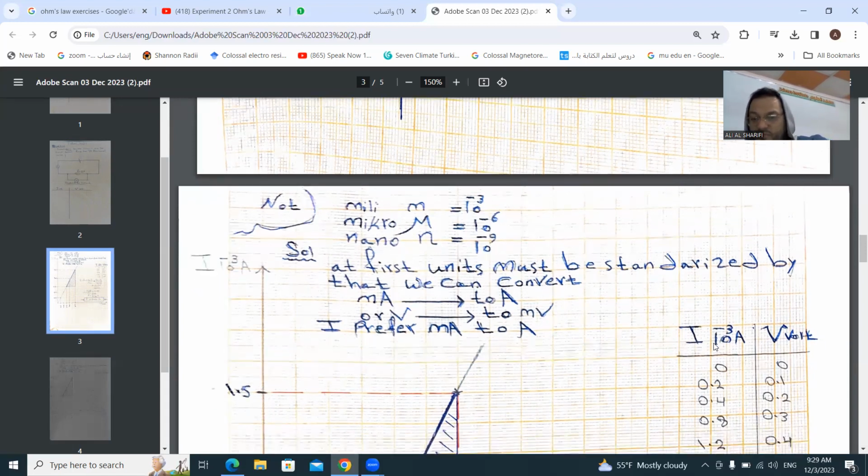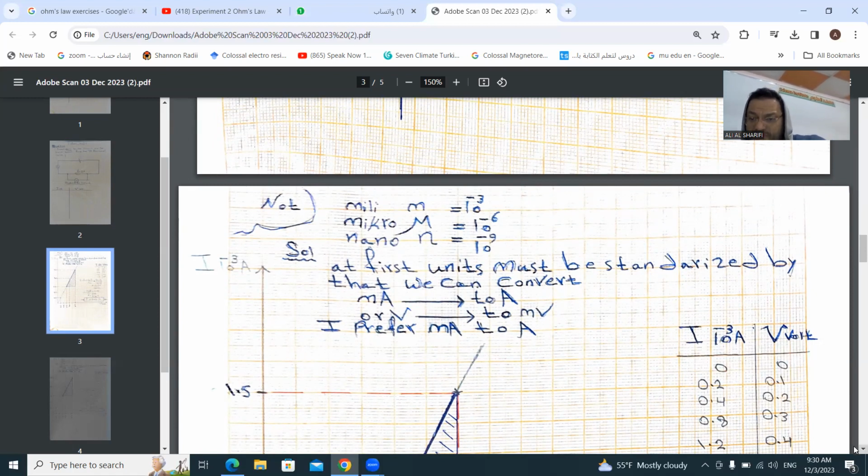By that, because it was milliampere, that means 10 to the minus 3 ampere. That means all of these units should be in the big units, okay? All of these milli, all of these nano, should become ampere or volt without nano or micro.